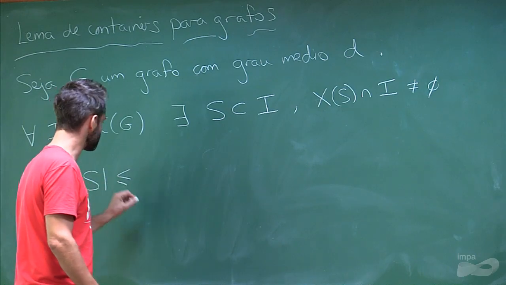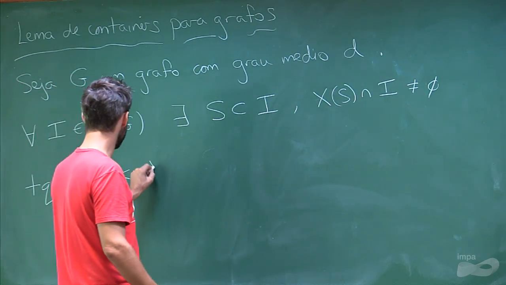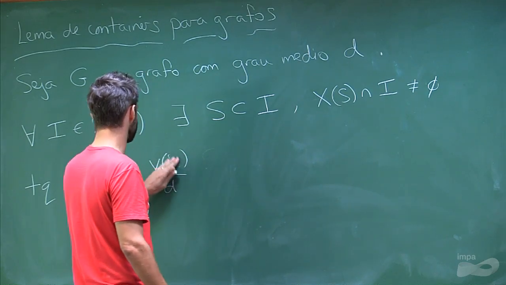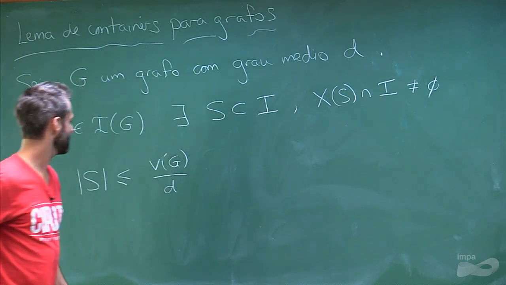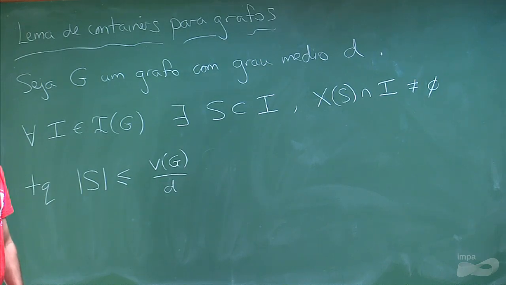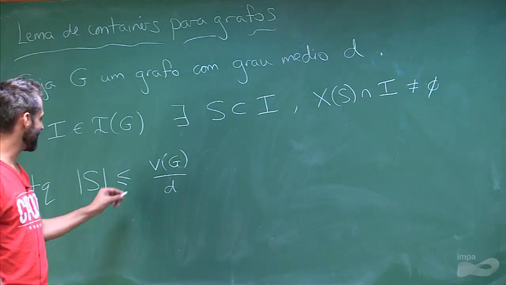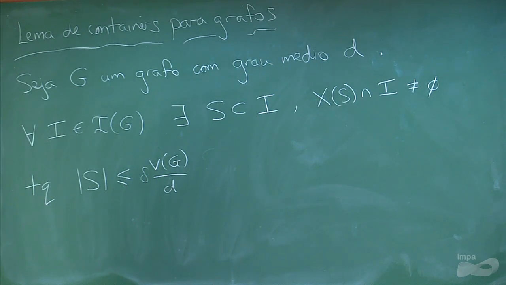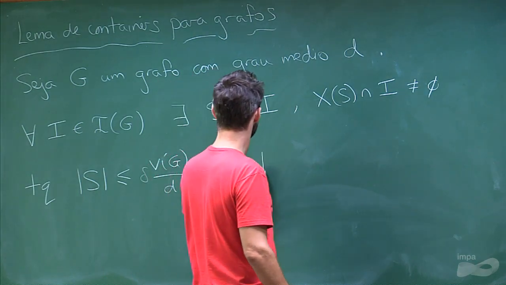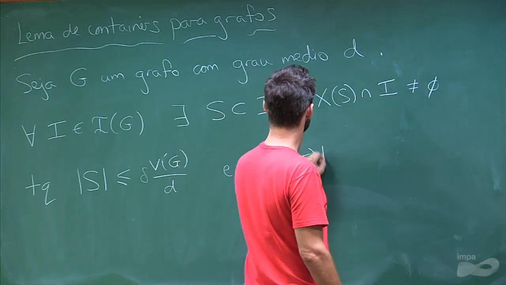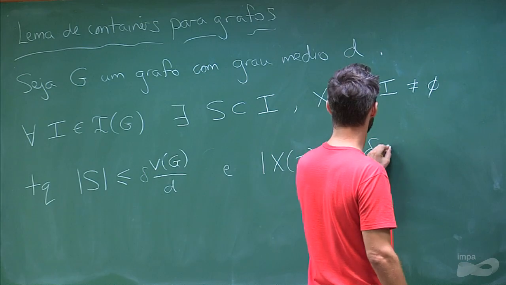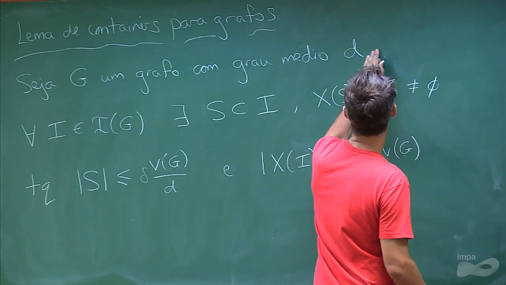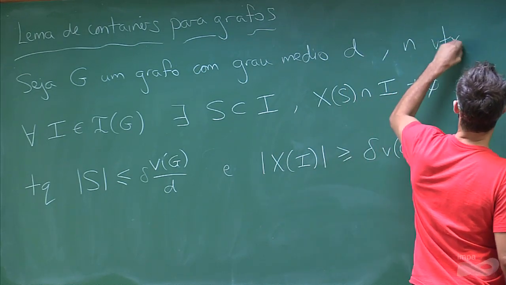size of S is at most V of H over V of G, sorry, over D. Maybe I'm cheating very slightly here, so maybe I want to add in a small constant. Let's see what we get in the proof. And size of X is at least delta times V of G. That's n vertices.